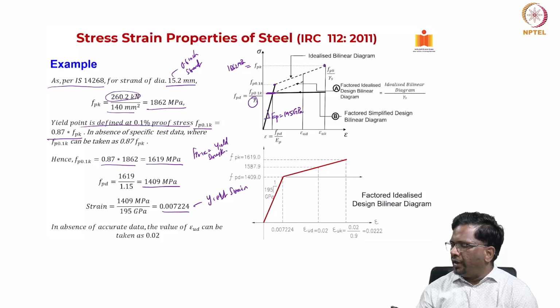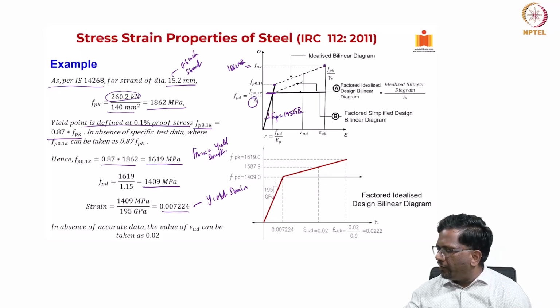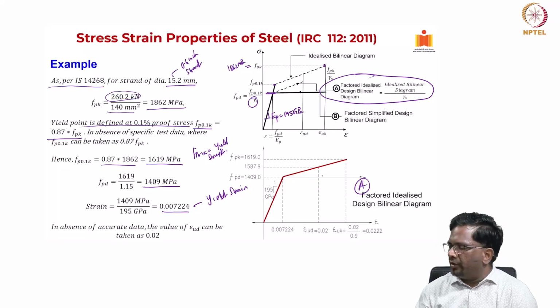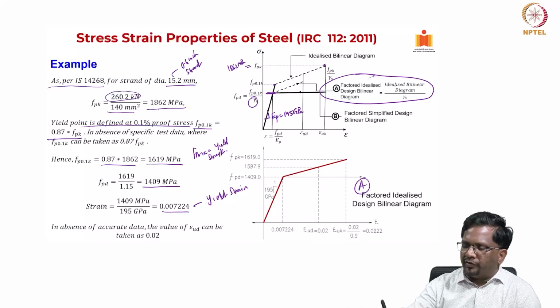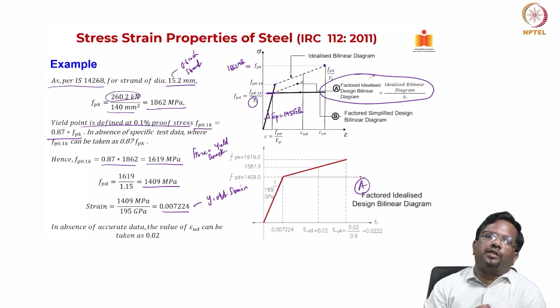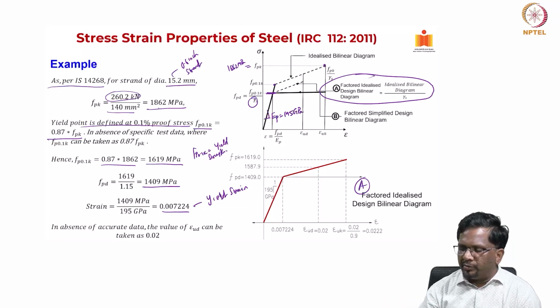In this way you can get this curve. What is this curve? This is nothing but the factored idealized design curve, which is the A given here. So you get this red color curve, which is your factored idealized design bilinear curve. What are the values you need? First FPK, and if you don't have a value, you can take 1860 for a strand, because that's the minimum they should have. Then you take 0.87 FPK as your yield strength, which works out to be 1619.